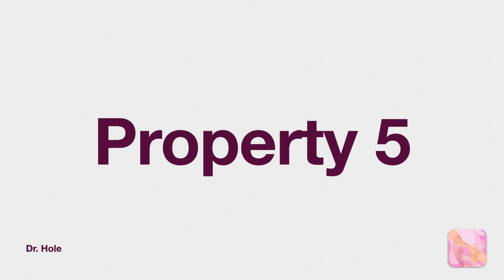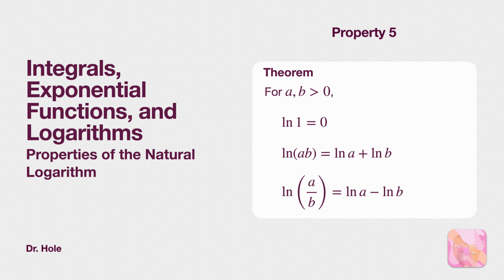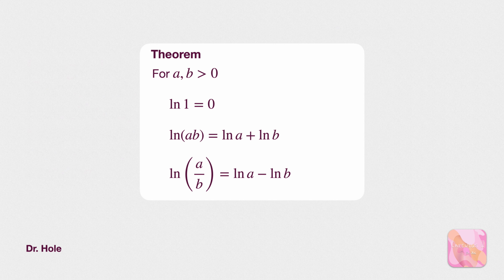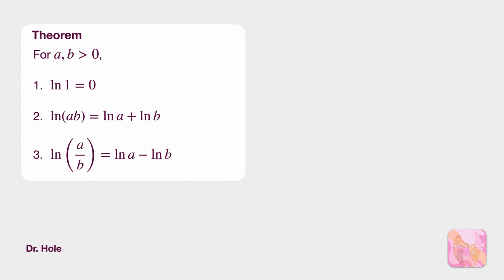Property 5. This is on the natural log. And property 5 is this theorem stated out in 3 different statements. We're going to look at the first 2, and the third one will be an assignment for you to show. Okay, statement 1. The natural log of 1 is 0.